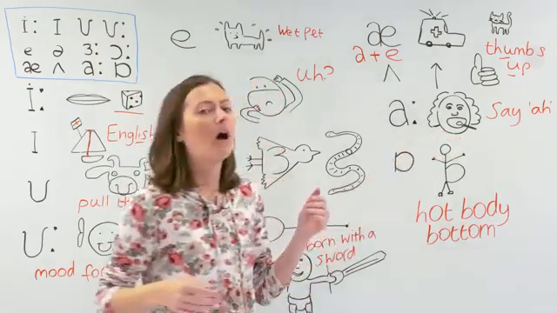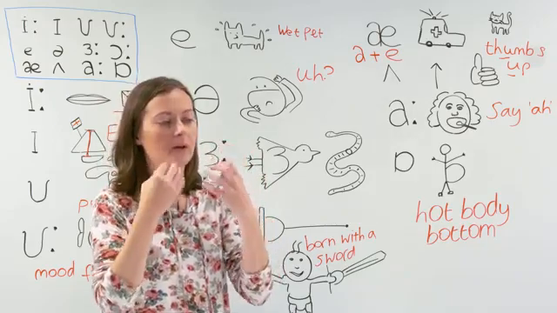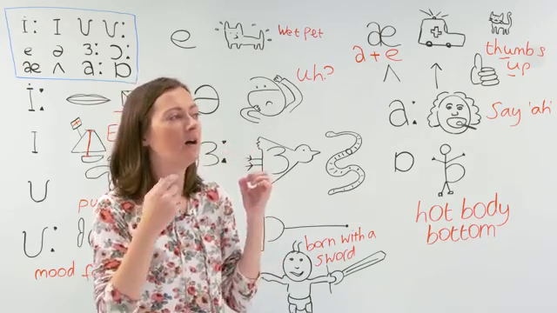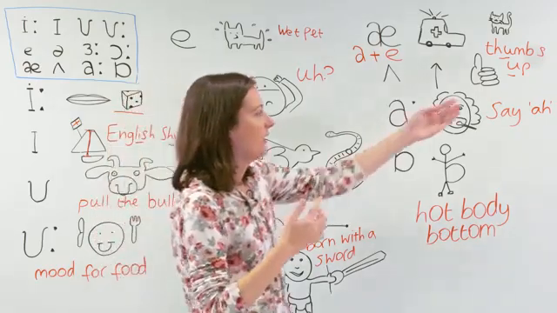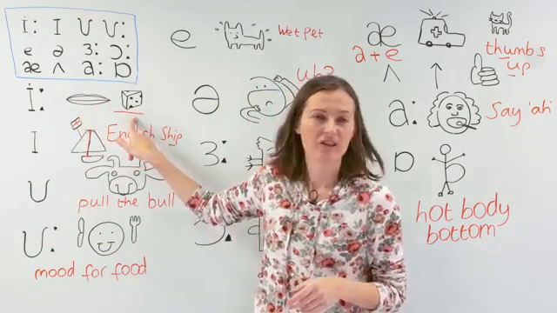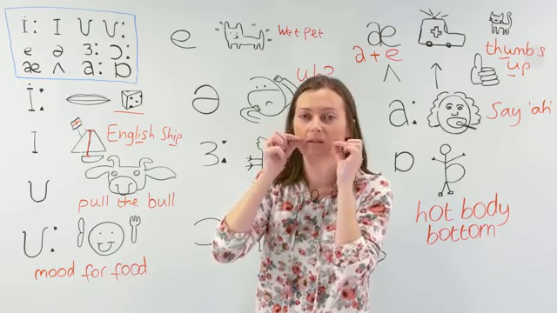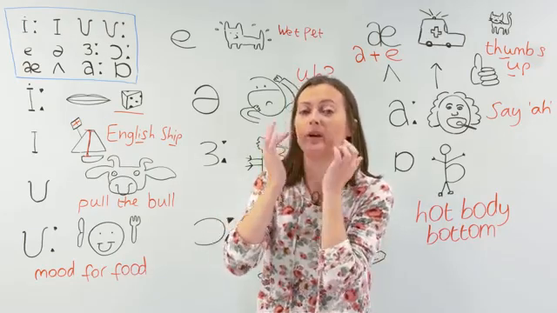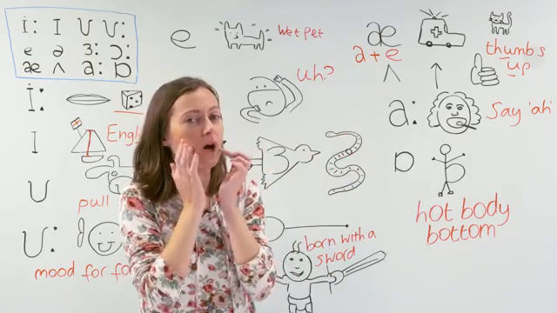When we say ah, that sound is a lot more open. We have to open widely to say that sound, in comparison to cheese. Cheese is a wide sound. Our lips are spread wide, but for say R, we're much more open in the shape.